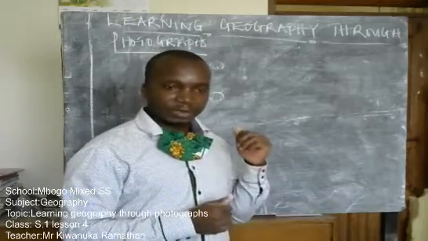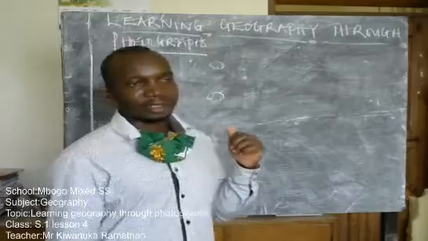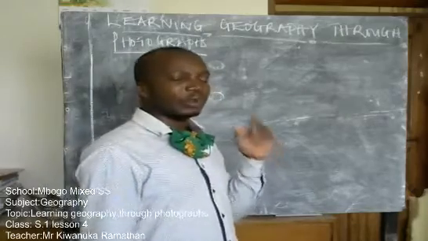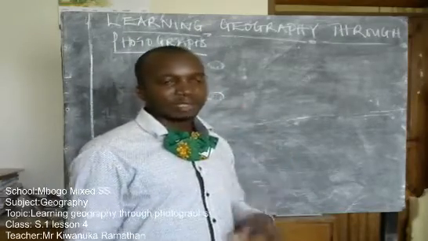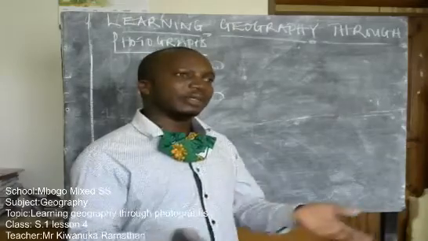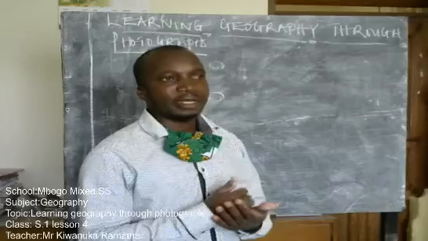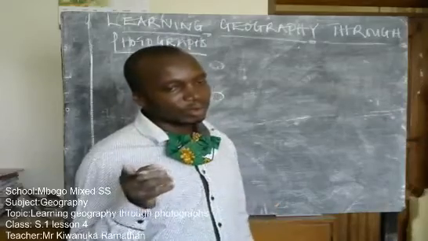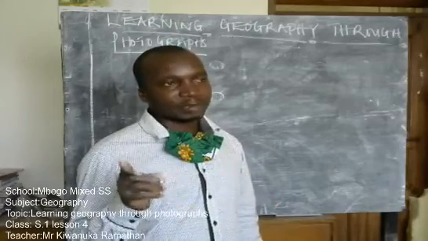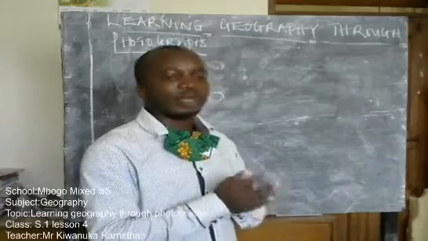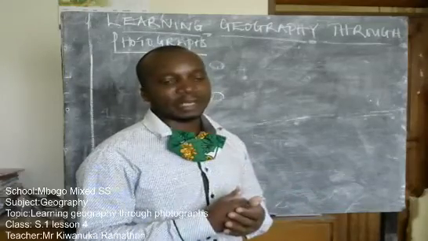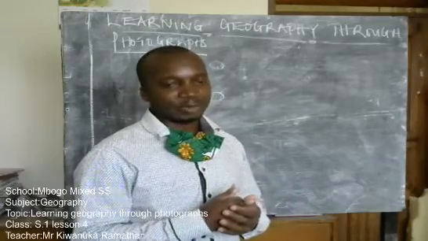The previous lesson that we conducted, we looked at an extract about tourism. Then we generated a lot from that extract. Then three, it was about looking at photographs. You study a photograph, then you interpret what the photograph is all about.